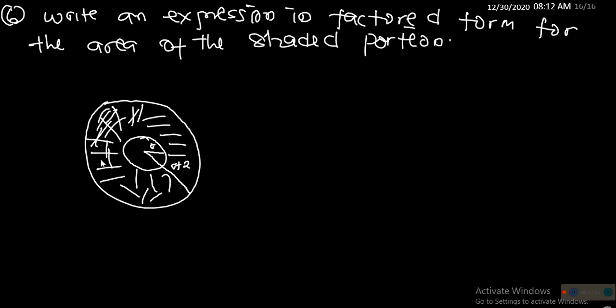So we are looking for the area of the shaded region. This is what we are going to do, guys. We'll start by calculating the area of the big circle.